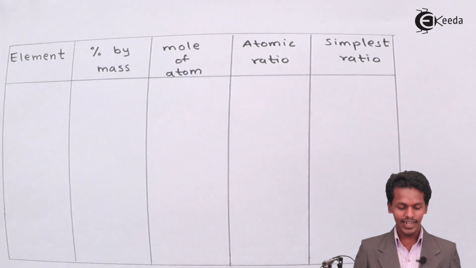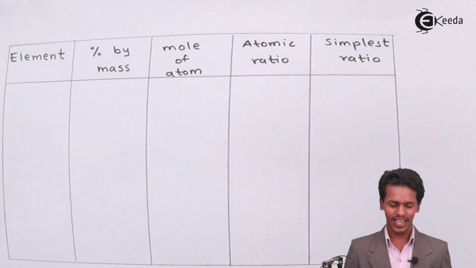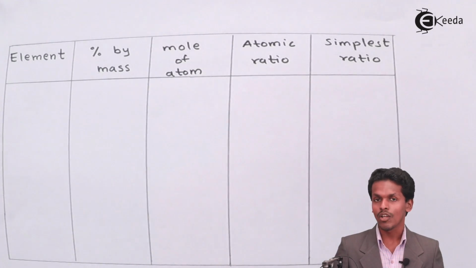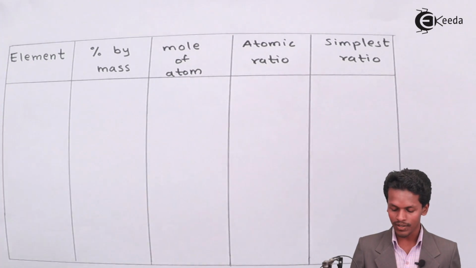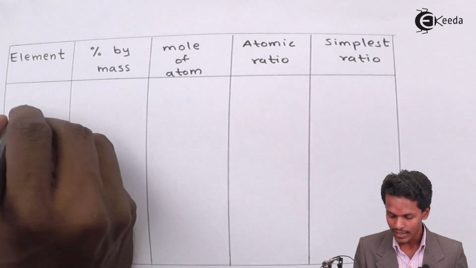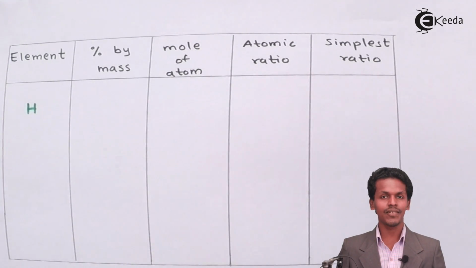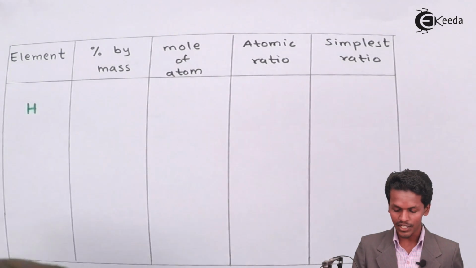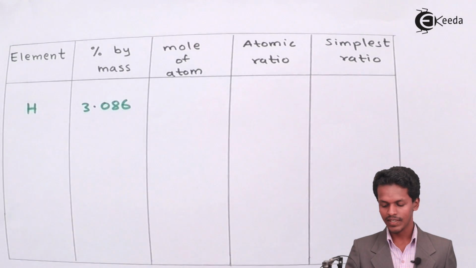First of all, let me list the elements present in phosphoric acid. They have said that there is only hydrogen, phosphorus and oxygen, so randomly I could write any element here. First I could consider hydrogen. The hydrogen percentage given by mass is 3.086.